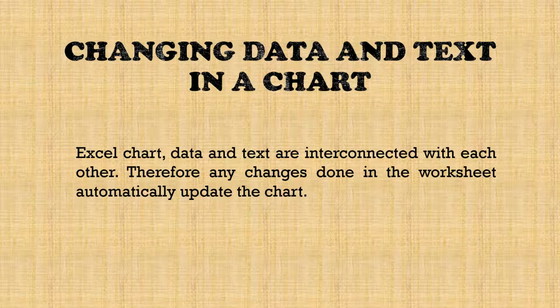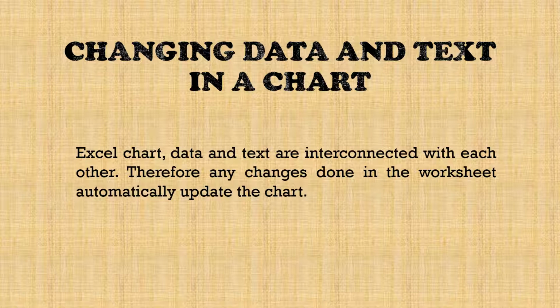Children, we have already seen how to create a chart from a table, and you might have by now understood that for a chart to be created, first we need data. The data from the table is used for creating a chart.